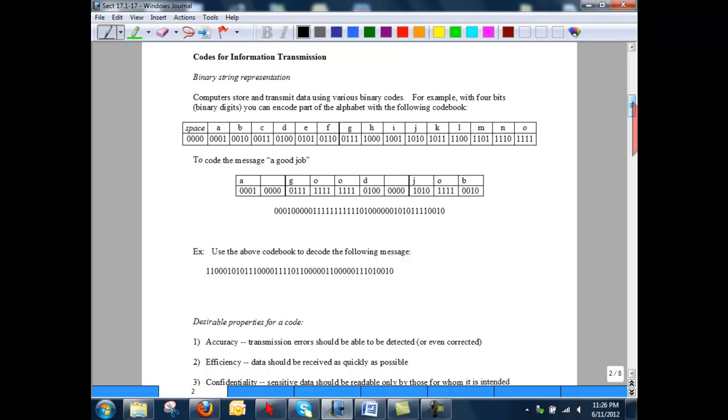In particular, if you're typing something, as soon as you push the letter A on the keyboard, the computer internally converts it to a sequence of zeros and ones that's unique to the letter A. And then you type D, and then the computer converts that to another sequence of zeros and ones. And when you send that in an email to a friend over the internet, it goes something like this, a string of zeros and ones.